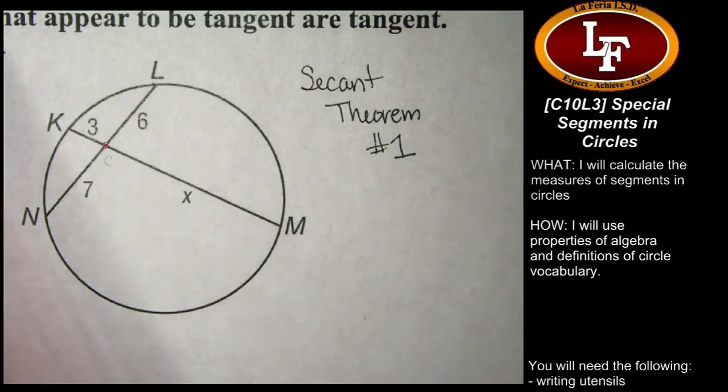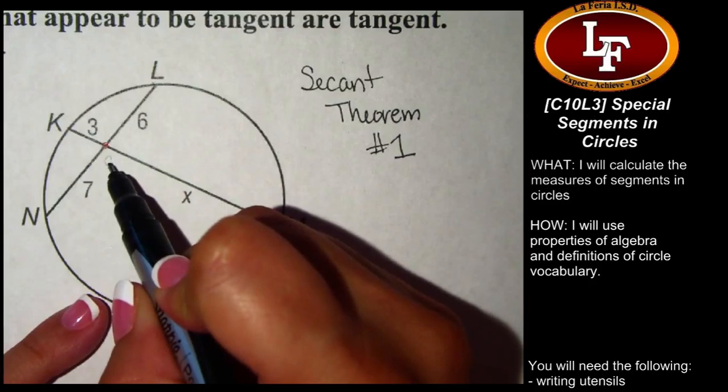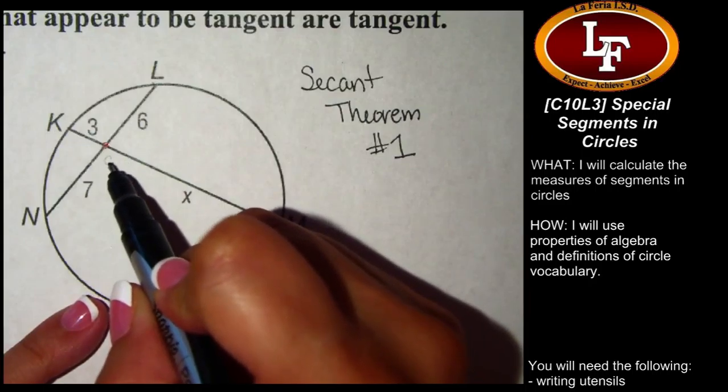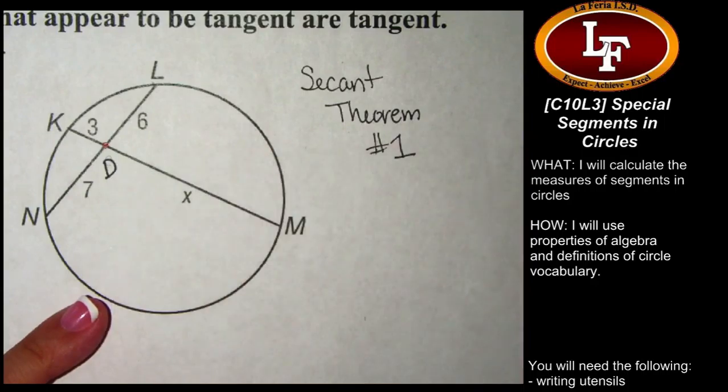I'm going to use some colors to help me demonstrate. My intersection doesn't have a name. Can someone give me a name for my intersection? D. I heard D? All right, we'll use D for this one.